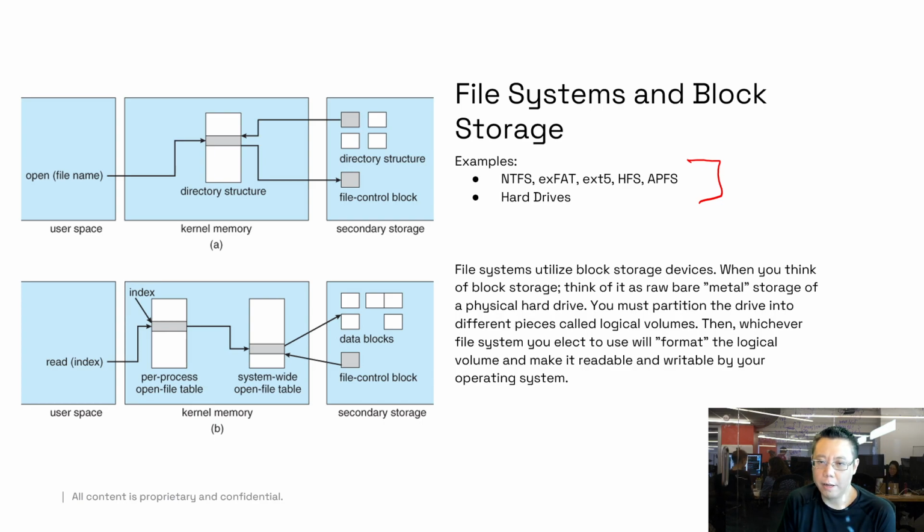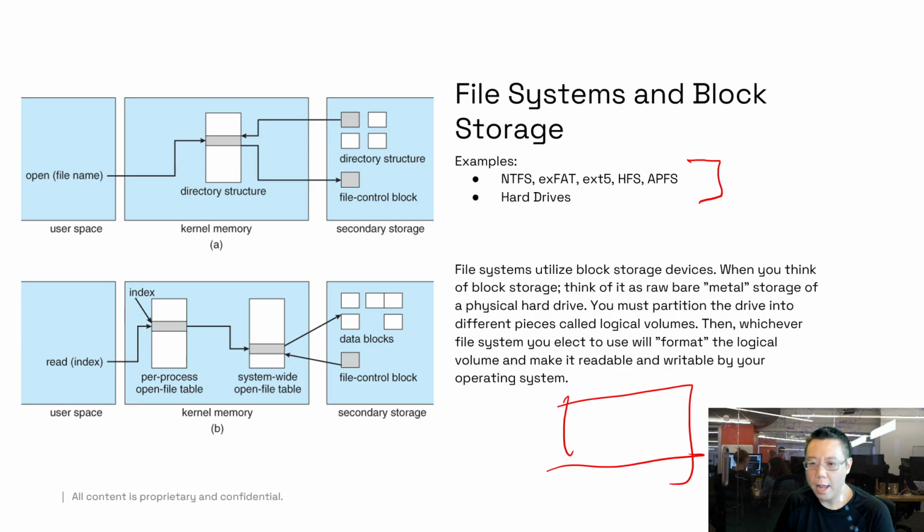Each file system is geared, just like the kernel, towards an optimized solution for that operating system's needs. Hard drives need to be partitioned and formatted with specific file systems in mind so that you can put data in a logical path that the operating system can read. Let's think about this more carefully. I have a hard drive, block storage. If I partition it with a C or D drive, such as in Windows, I could have NTFS on one side and then maybe FAT32 or exFAT on the other side.